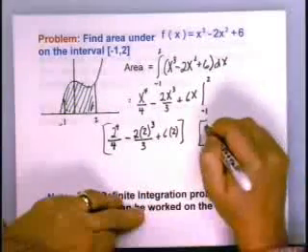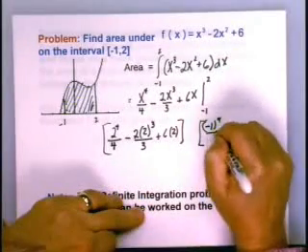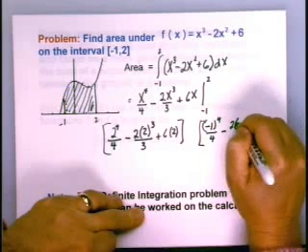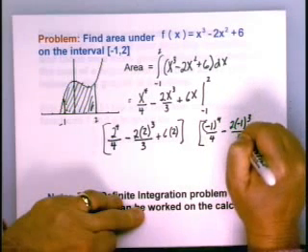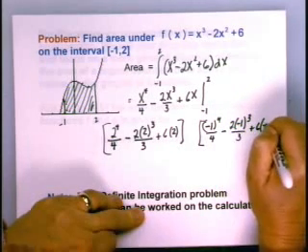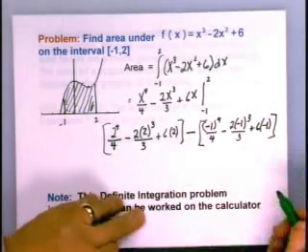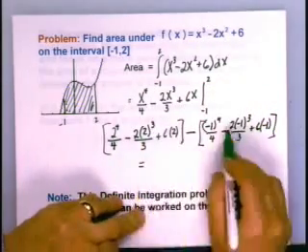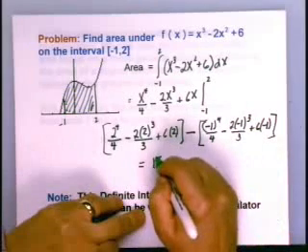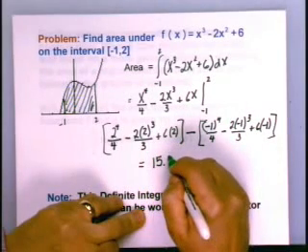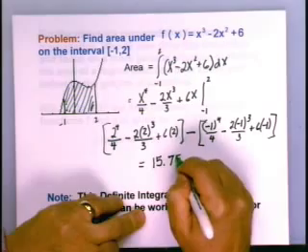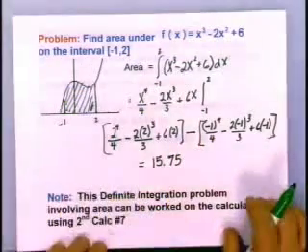Then substitute the negative 1 in, negative 1 to the fourth over 4 minus 2 times negative 1 to the third over 3 plus 6 times negative 1. Evaluate this, subtract the results. If you do the arithmetic that this involves correctly, you end up with 15 3/4 or 15.75.